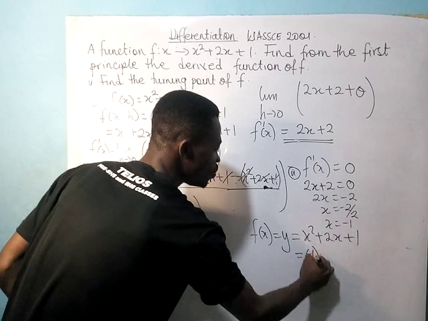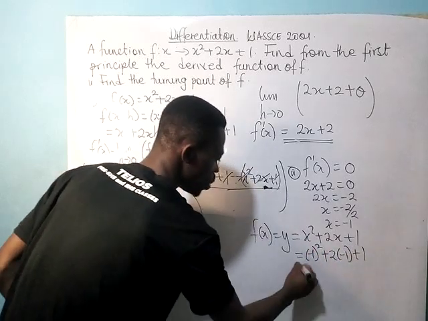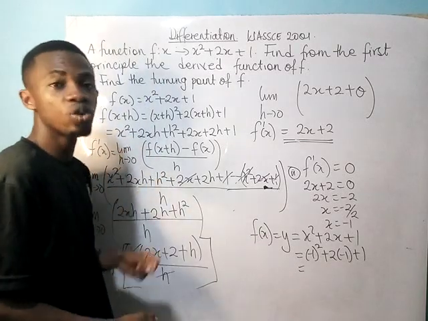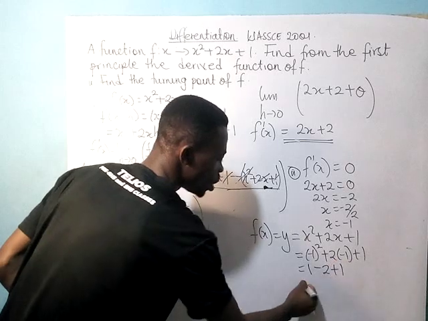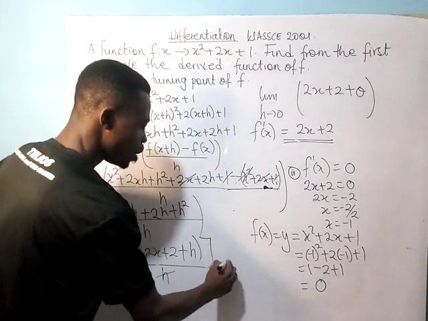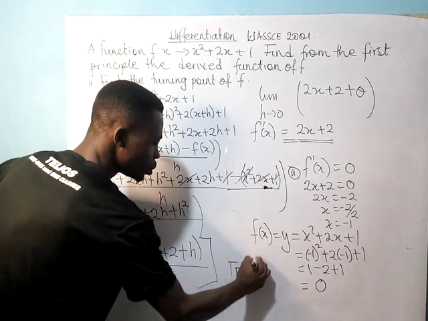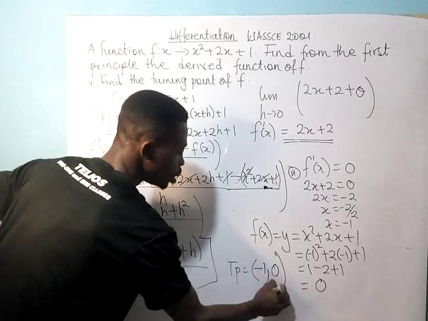So we have -1 to the power 2, plus 2 times -1, plus 1. And this will give us 1 minus 2 plus 1, where we obtain 0. So for our turning point, we have x as -1 and y as 0.